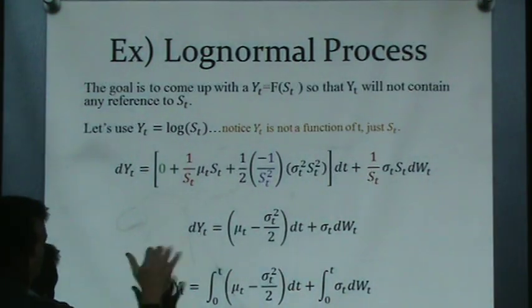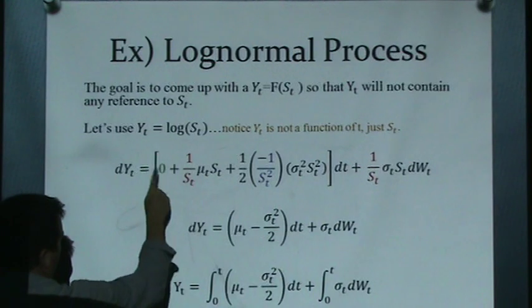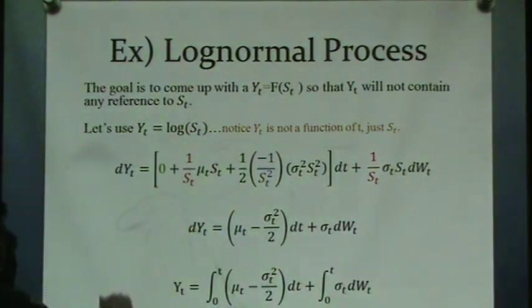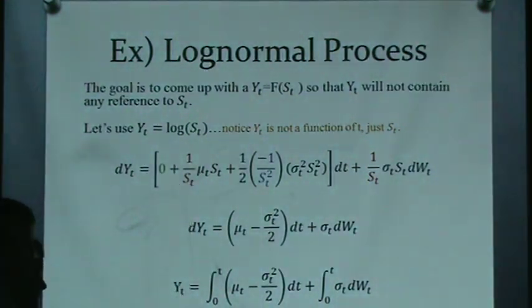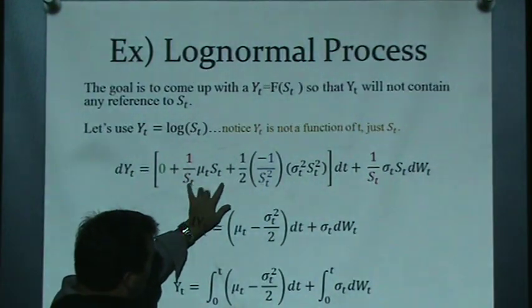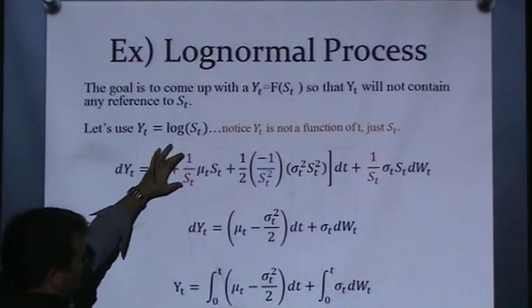So we calculate the derivatives, and the second derivative with respect to time ends up being 0. That's usually the middle one, so have these two swap. The derivative of log of s of t is 1 over s of t. You might remember that from calculus 2. And then under Ito's formula we have 1/2 the second derivative. That would be the derivative of this part, the part in red.